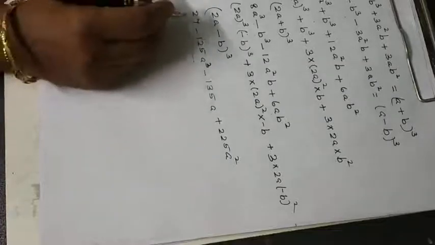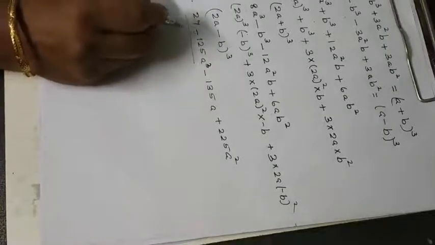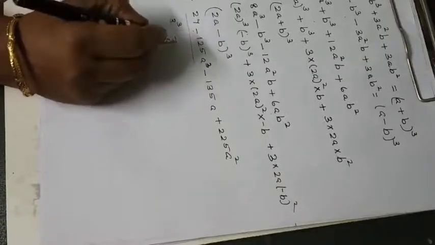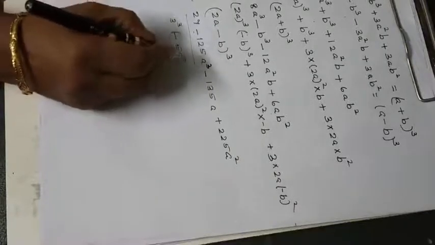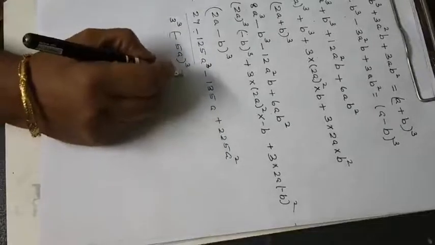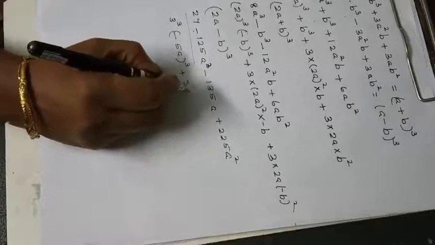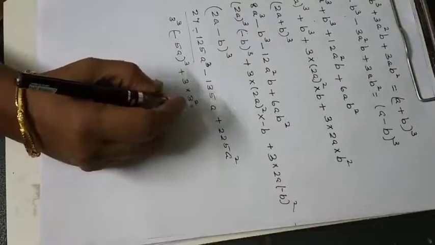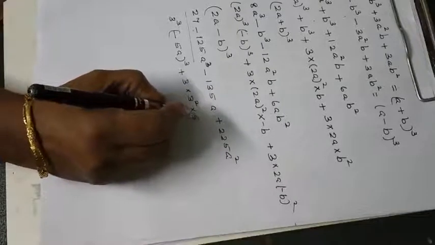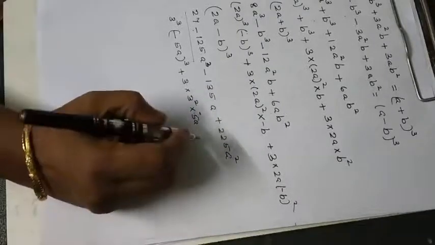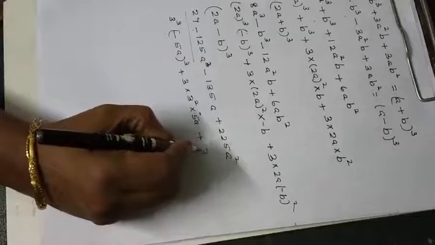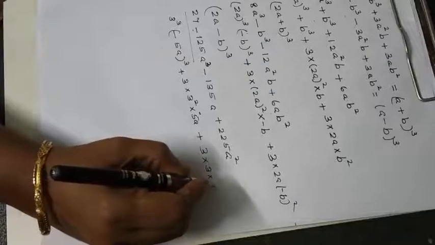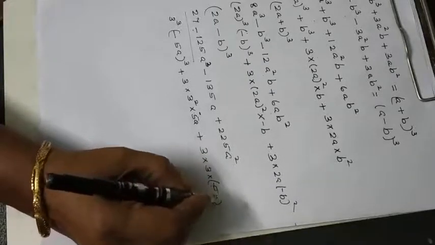Just check that one. 27 is 3 cube, then 125a cube is 5a the whole cube, then 3 into 3 square into negative 5a, then 3 into 3 into negative 5a the whole square.